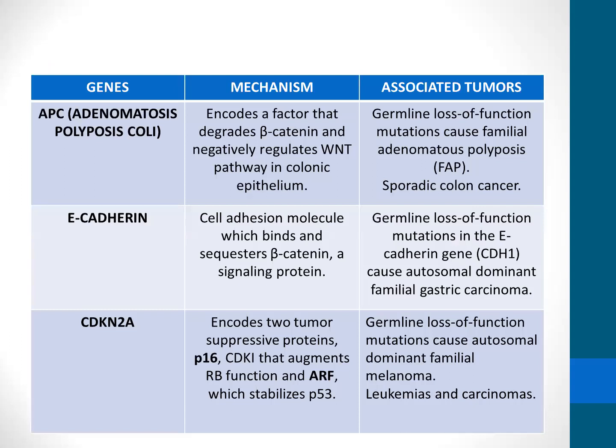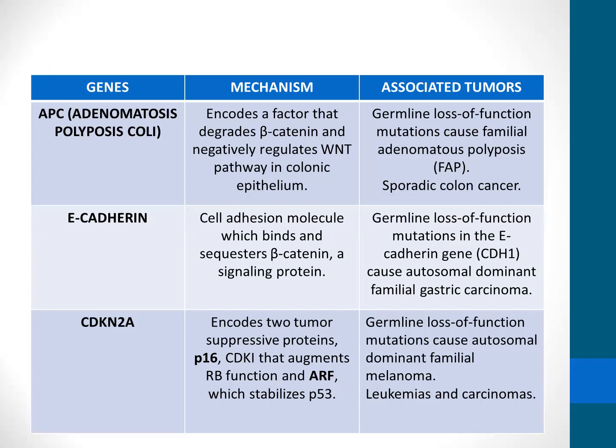Now, this is a table showing various types of tumor suppressor genes along with the mechanism of these genes and the associated tumors. The APC or adenomatous polyposis coli gene is associated with colonic cancer. The E-cadherin gene is associated with familial gastric carcinoma.